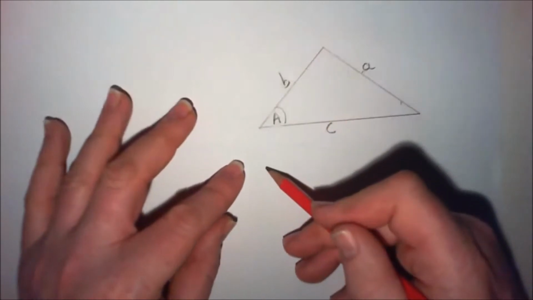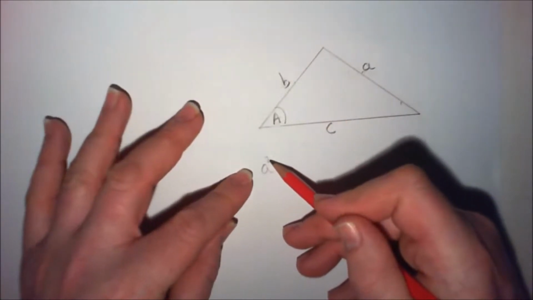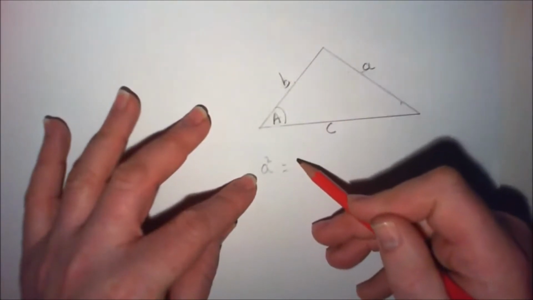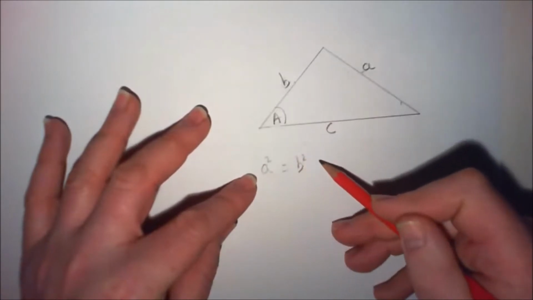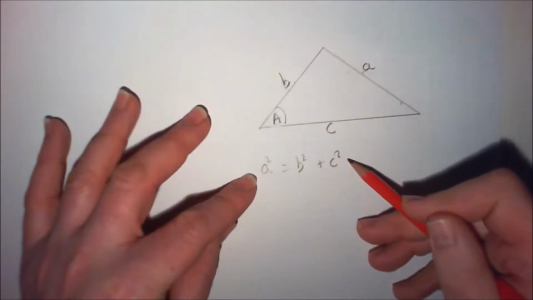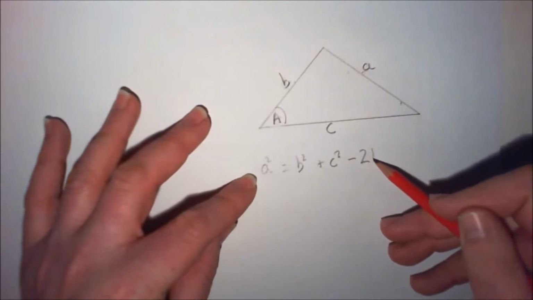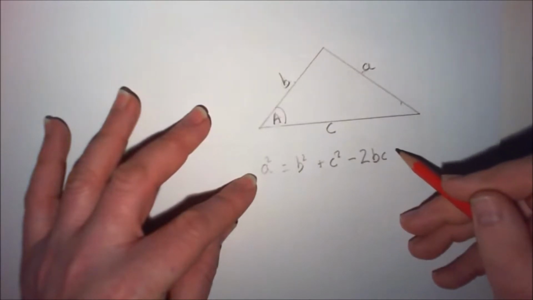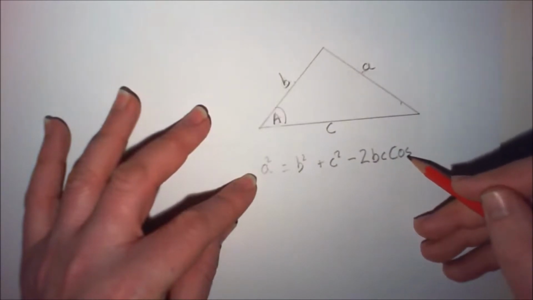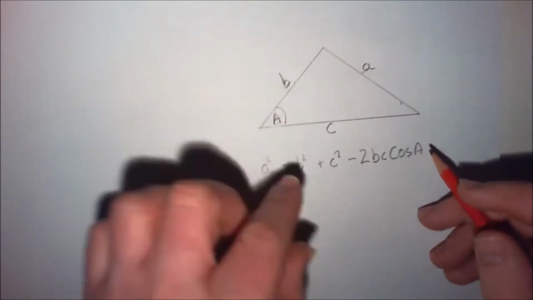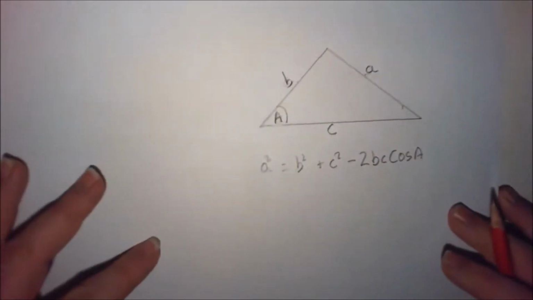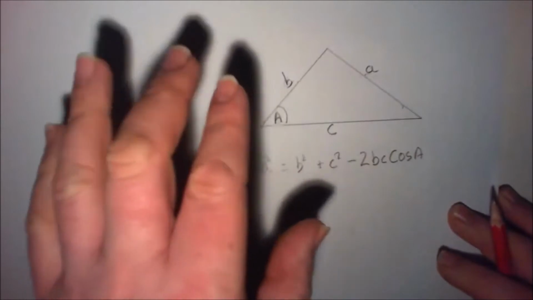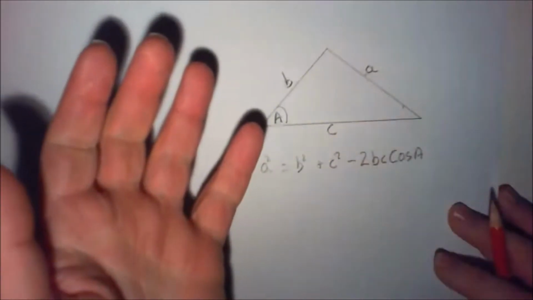Basically, a squared, the length of a squared, is equal to the length of b squared plus the length of c squared minus twice the product of b by c by the cos of A. Now that looks crazy, but it's a pretty nifty piece of work because it allows you to factor in more unknowns to get the answer you want.